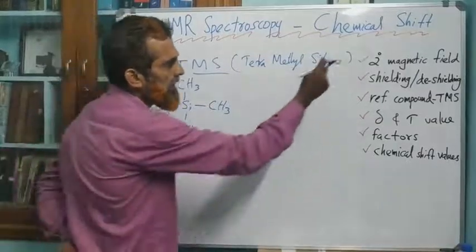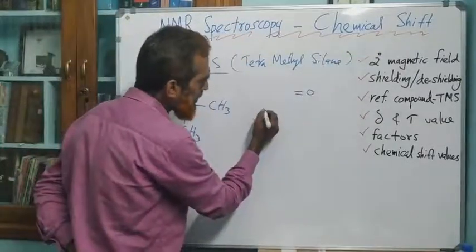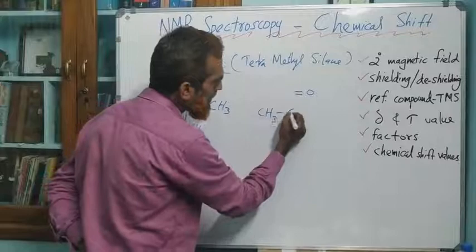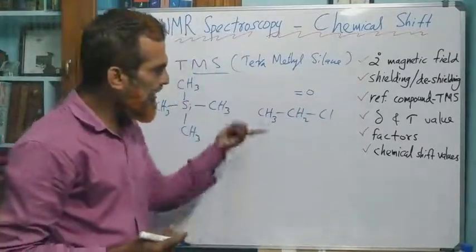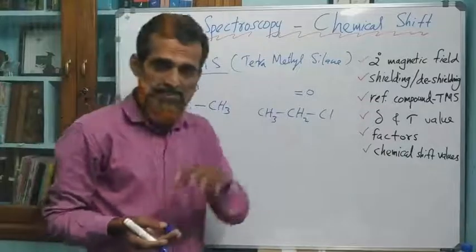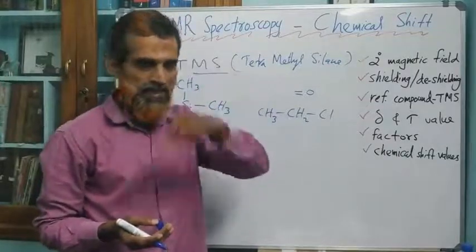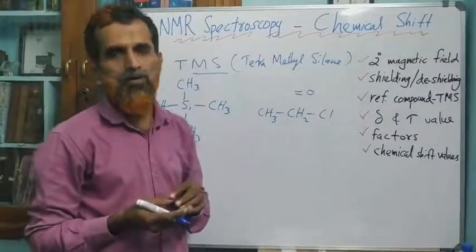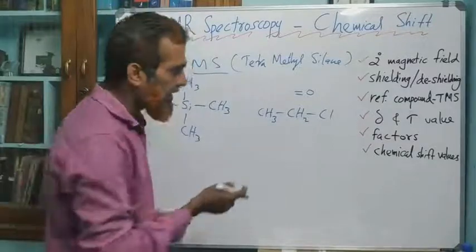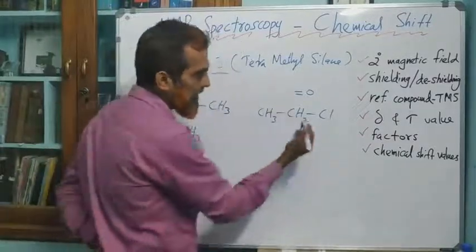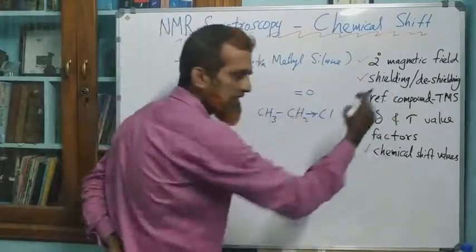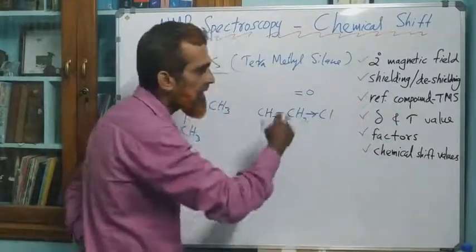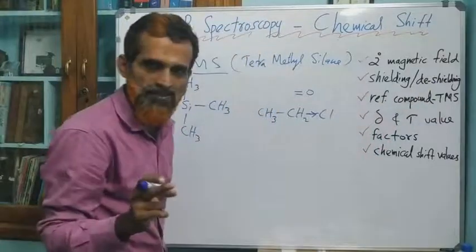Now, see, in an organic molecule, due to various functional groups, as I said, there is diamagnetic shielding by the secondary field produced by the circulating electrons. That's called shielding. If there is an electronegative atom which withdraws the electron density and reduces the secondary field, then it is known as deshielding, correct?